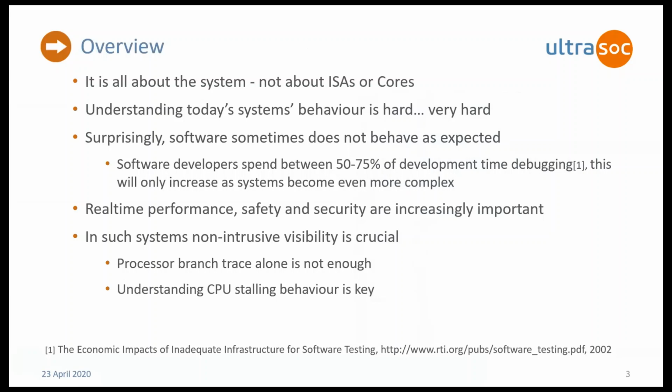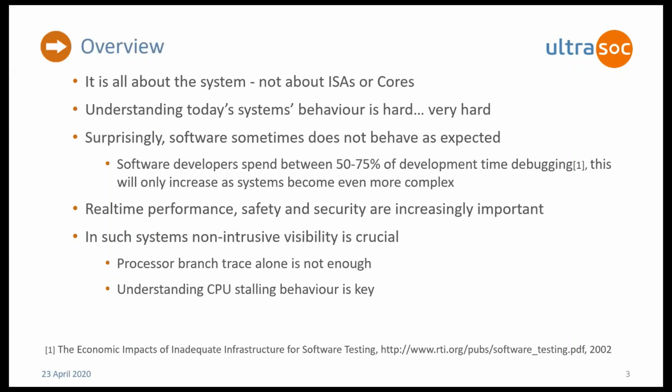We need to address the system complexity, the interactions between different cores, between software and the cores, real-time events that are happening. We write software, we spend a lot of time debugging software, but rather surprisingly, the software doesn't behave quite in the way we expected it to.